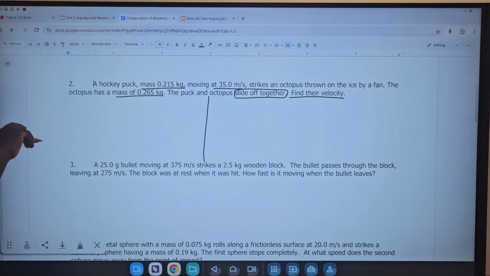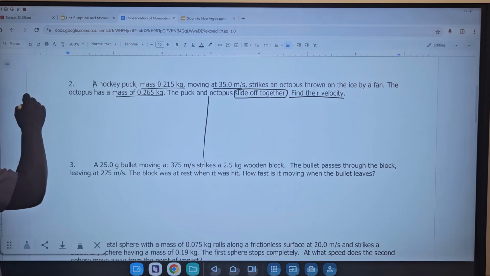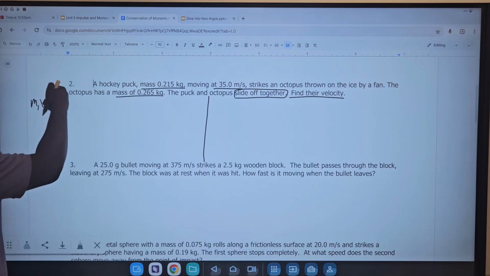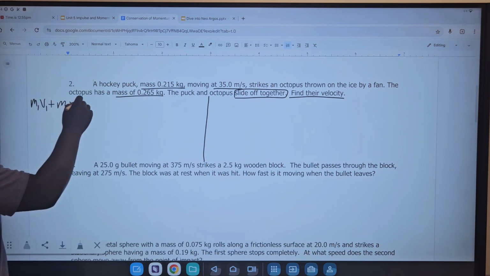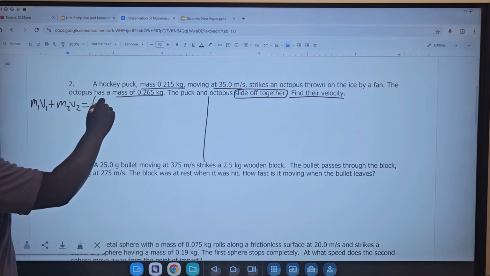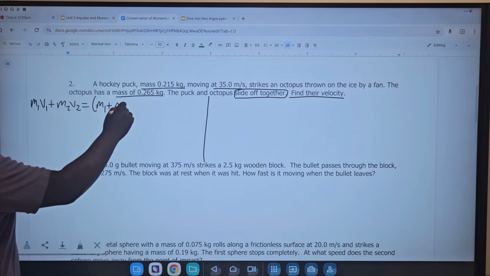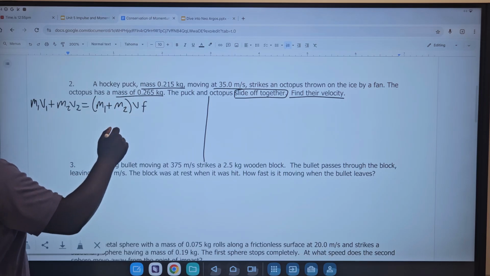Another inelastic collision. So that means inelastic, M1 V1 plus M2 V2 equals the masses put together, and then your final velocity.